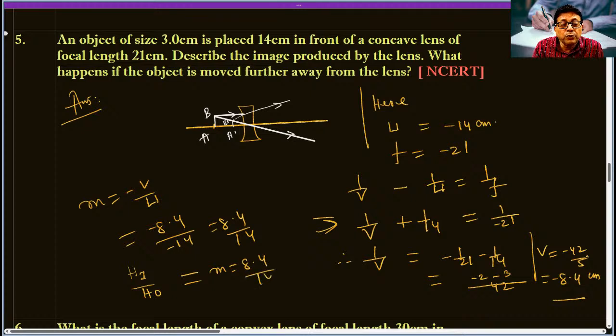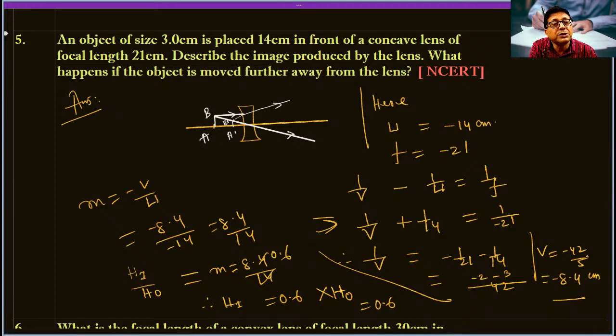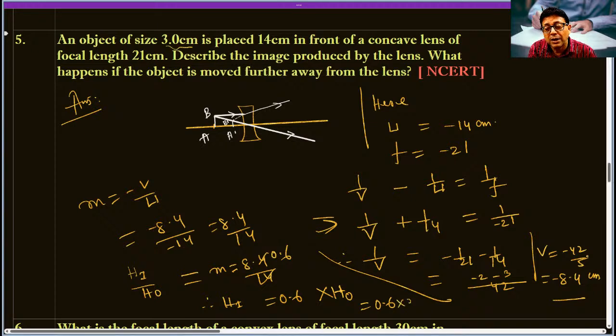That is 8.4 by 14. So it is 0.6. So the height of the image will be what? The height of the object is given, 3 centimeter. Clear? Check once.